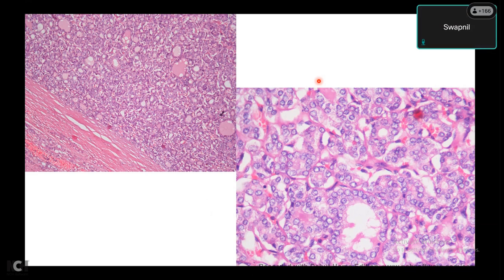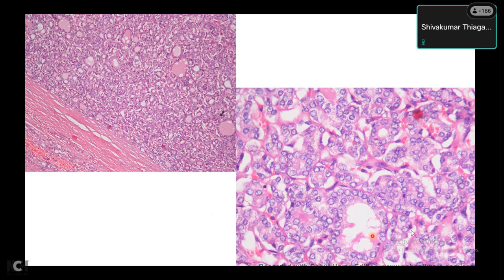I think I want to take that question because, as you said, there are two different entities. One is a follicular variant of PTC, which is essentially an infiltrative tumor, to be treated like a PTC. But when we talk of encapsulated follicular variant of PTC with or without invasion, it is to be treated like a follicular neoplasm.